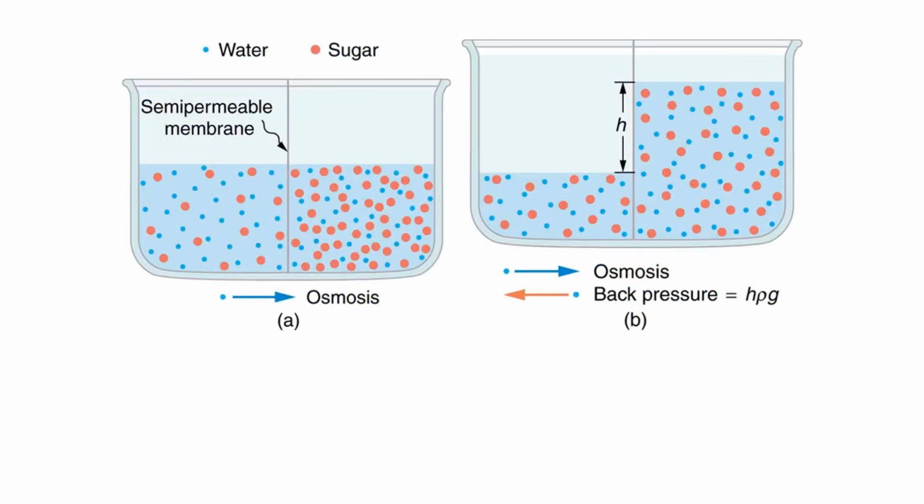In this diagram, shown now without the cartoon movements, you will see the same thing happening. We see a semi-permeable membrane, and only water can penetrate through this membrane. We have a high concentration of solutes in here, red, and a low concentration of solutes in here, and water molecules will move to the right. Here it's said this red is a sugar, but you can say this is a salt, it doesn't matter.